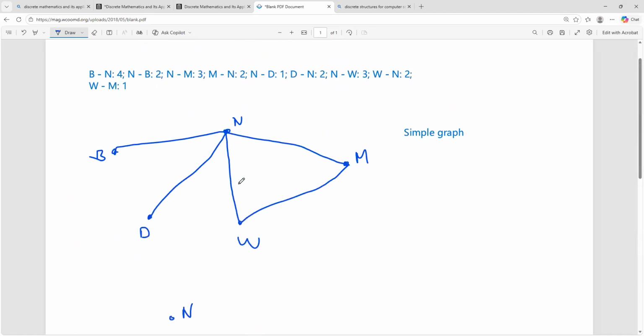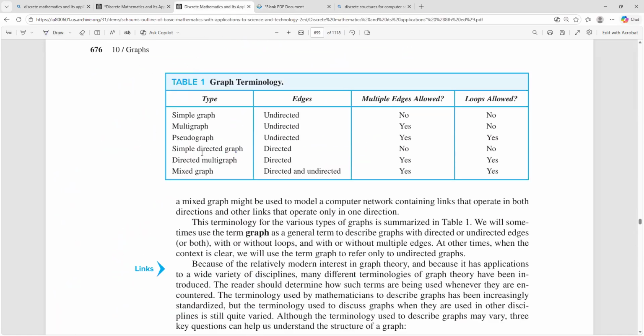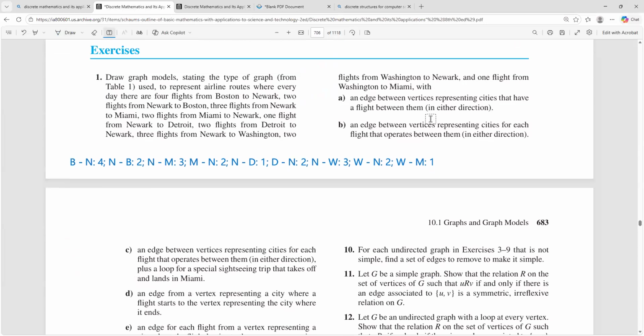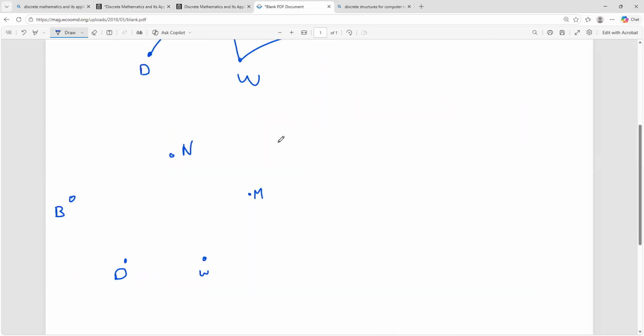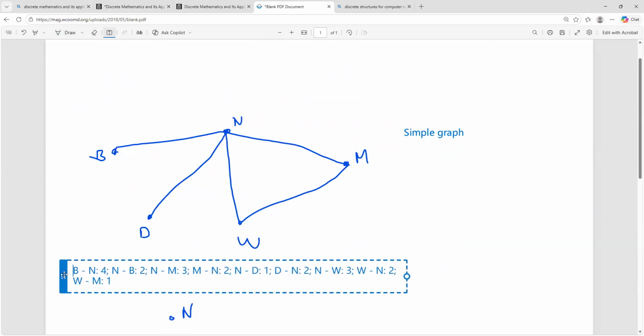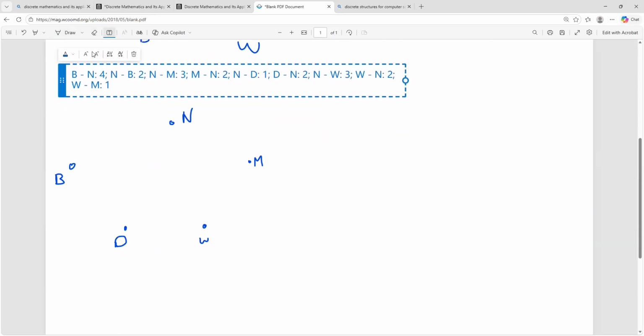So now this is a bit different because we have an edge between each vertex representing the cities for each flight that operates between them. So now we have one edge per flight.